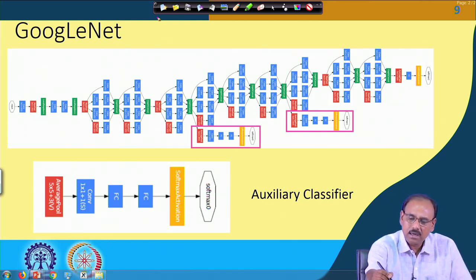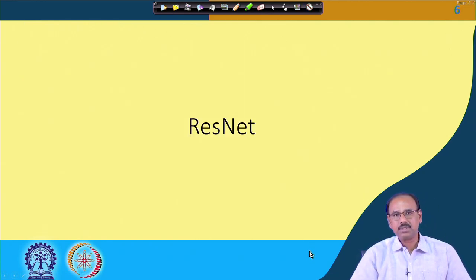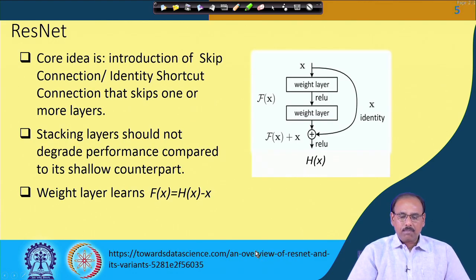Now, the other network that we are going to discuss today is the residual network or ResNet, and let us see how ResNet also addresses the problem of vanishing gradient. The core idea in ResNet is that it introduces a skip connection or identity shortcut.